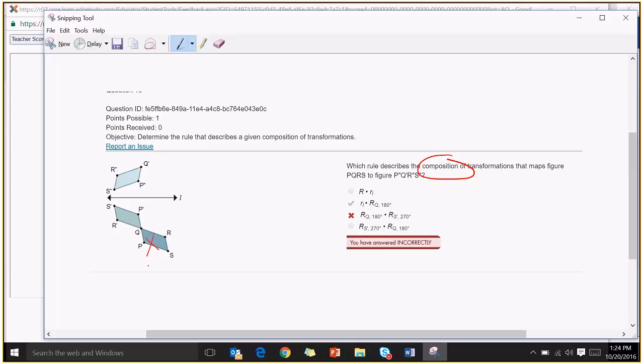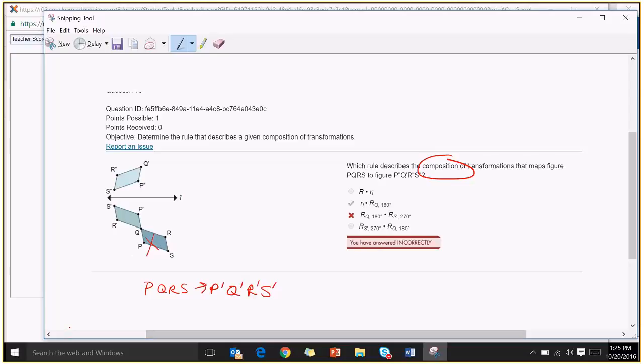That's your PQRS. So how do you get from here to this point here? Are you rotating, translating, or reflecting? How do I get from P, Q, R, S to P double prime, Q double prime, R double prime, S double prime?